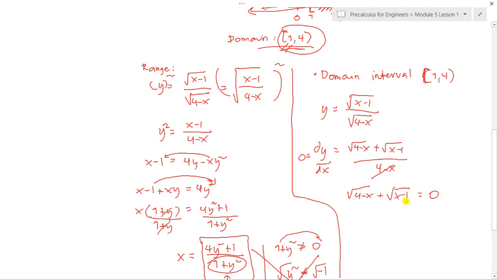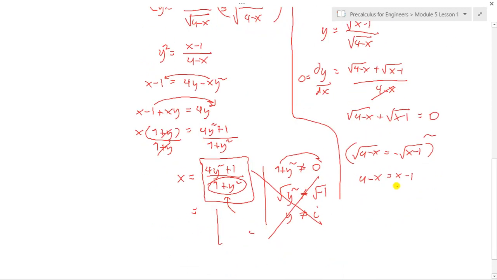I think you are familiar with this. If we transpose to the other side, we have square root of 4 minus x equals negative square root of x minus 1. Taking the square of both sides, we have 4 minus x equals x minus 1. Here, transpose, so we have negative 2x equals negative 5.